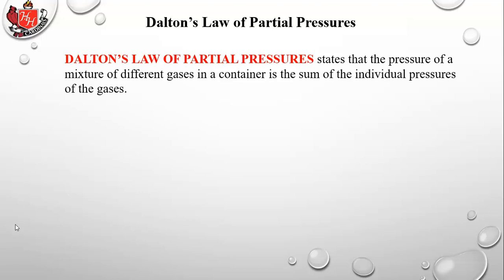So Dalton's law of partial pressures uses the concept of mole fraction, which we learned back in the solutions lessons. Dalton's law of partial pressure states that the pressure of a mixture of different gases in a container is the sum of the individual pressures of the gases. So the pressure of the total gas is P1 plus P2 plus P3.